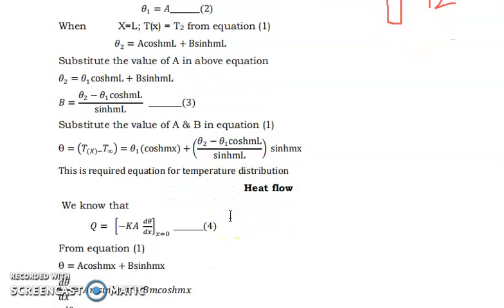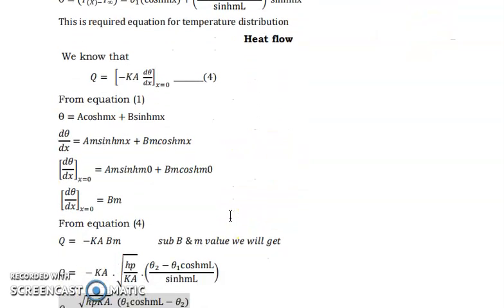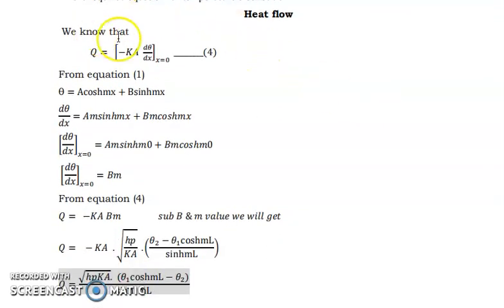Now similarly, heat flow. We know that Q is equal to minus k dT by dx at x equal to 0. This is taken as equation number 4. From equation number 1, theta is equal to A cos hyperbolic mx plus B sin hyperbolic mx. We just need to substitute this value. For that we need to differentiate this equation with respect to x. Then we get A m sin hyperbolic m0, so this becomes 0, and the cos term becomes 1.